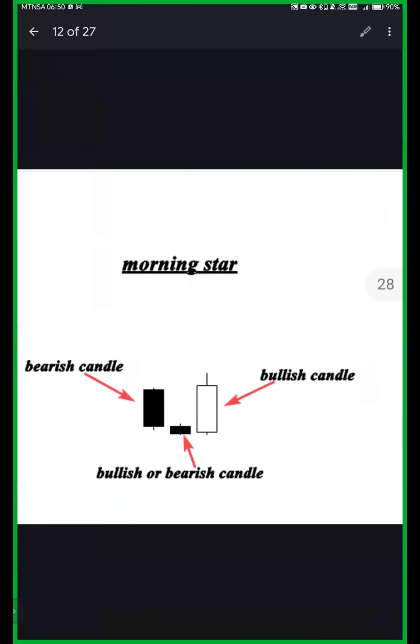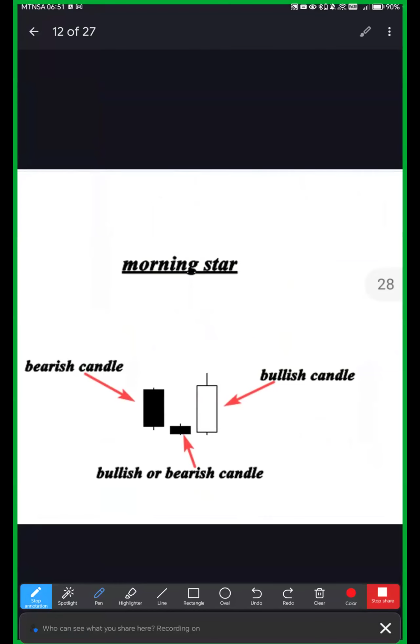Okay, so a morning star is a pattern which is considered a bullish reversal pattern.